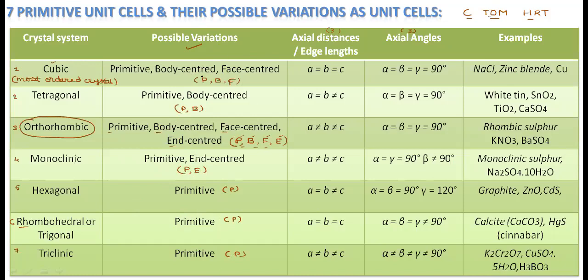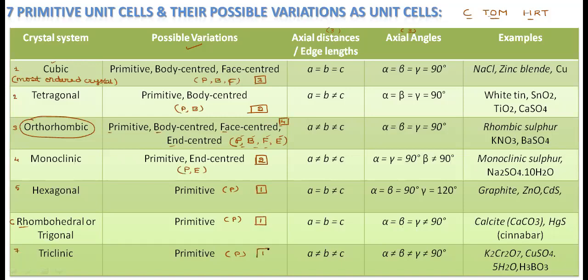Now, if you count the possible variations with respect to unit cells: 3 in the case of cubic, 2 in the case of tetragonal, 4 in the case of orthorhombic, 2 in the case of monoclinic, 1 each from hexagonal, rhombohedral, and triclinic.